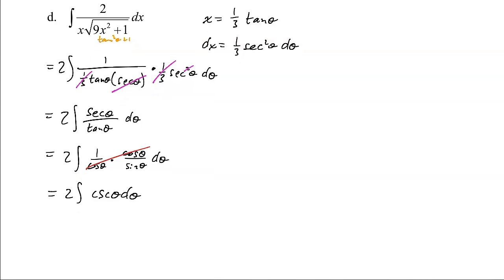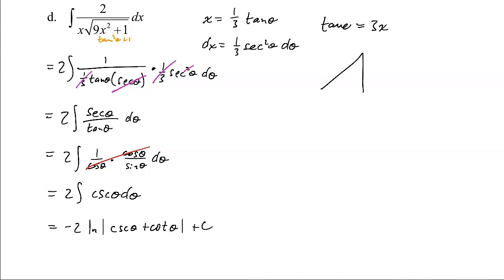And the integral, which I know we all remember, is cosecant plus cotangent plus c, but this is all in theta, and I don't want theta. I want to say that tangent is 3x. So let's make my triangle.